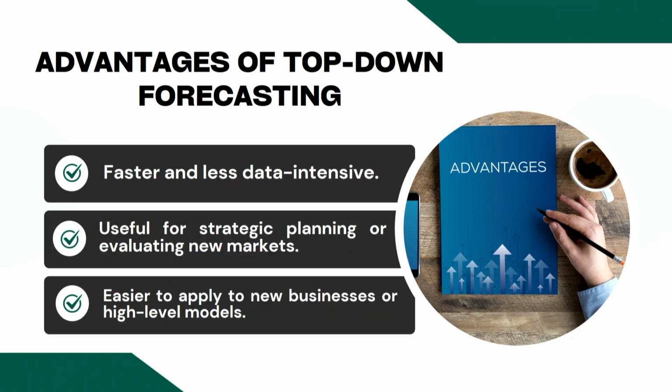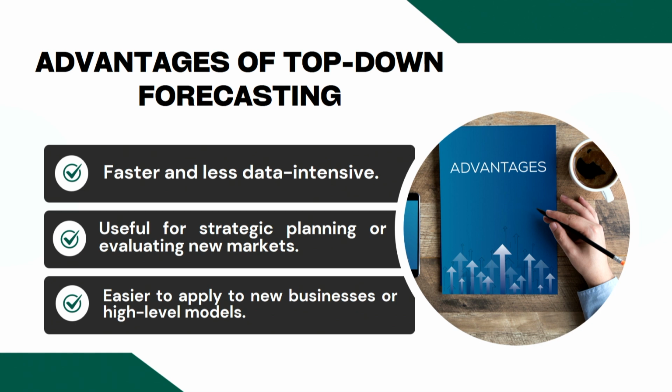But in the top down approach, we do not require that intensive data for projecting the income statement, because we are starting from an abstract and macro level and going down the line. So, here the requirement of data and its rigor is less compared to the bottom up method, and that is one of the advantages.